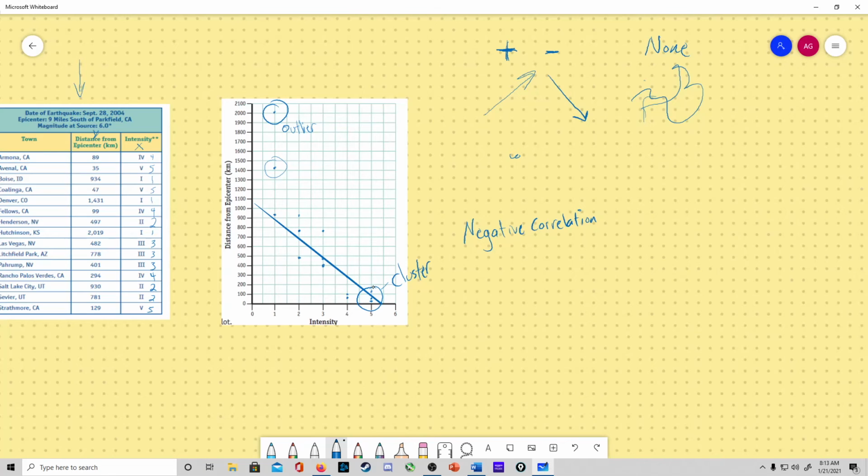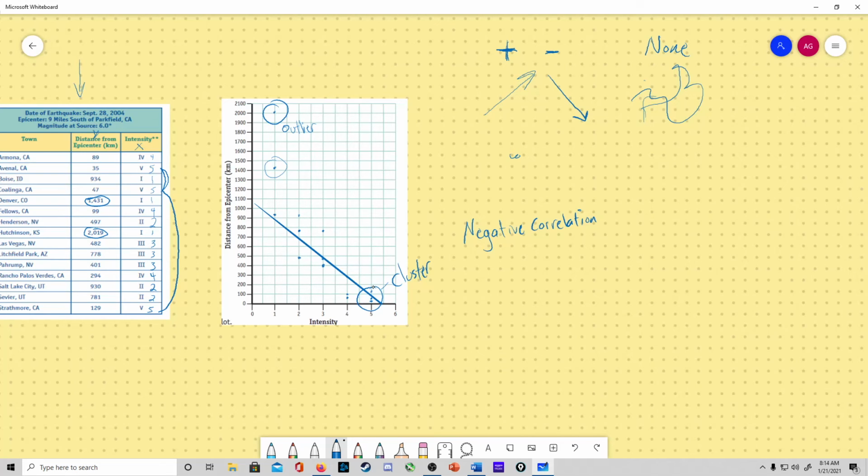These points are outliers, so we could find those on the map or on our table here. So this point and this point are outliers from our table. All right. And then we see this cluster over here at 5. So it would be this point and this point down here, a cluster of points. They're all within a similar amount of miles, and they're all on that same intensity level.